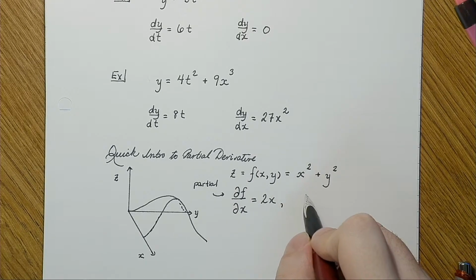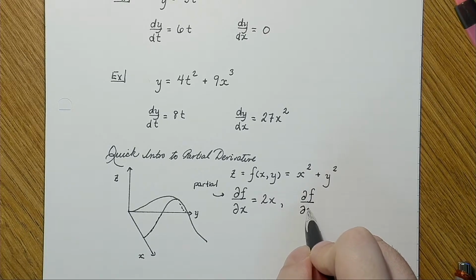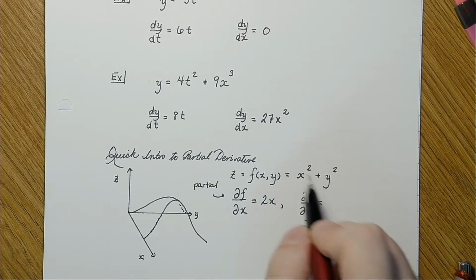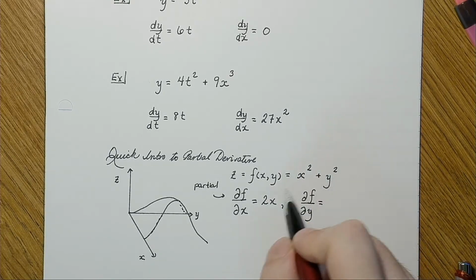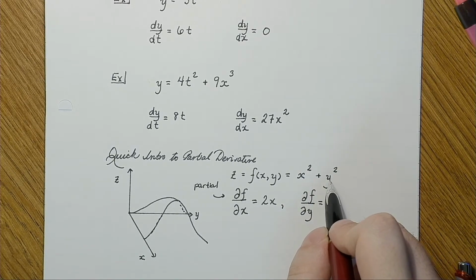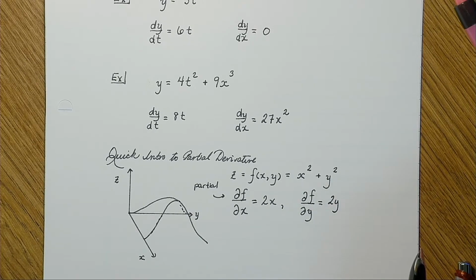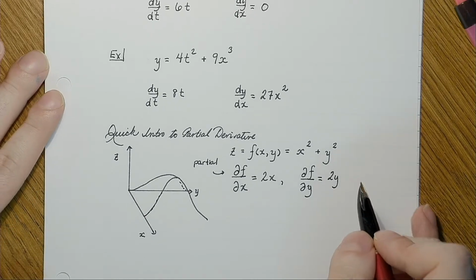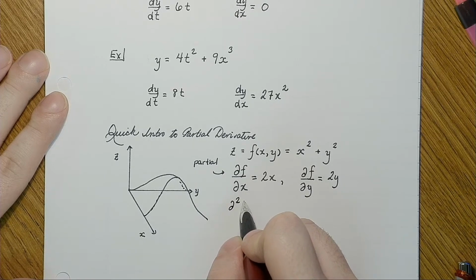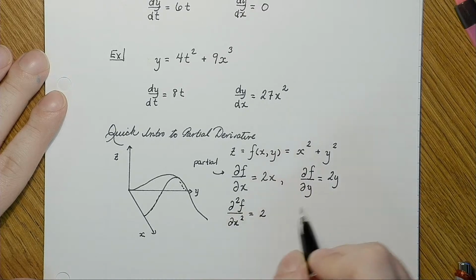Then the other partial that I can take is with respect to y. I treat the y as my variable and my x as a constant. So x squared is a constant, so I don't have to worry about that. And I'm looking at the variable y, and that's now just 2y. You can take it again, so the second derivative of this function with respect to x is equal to 2.